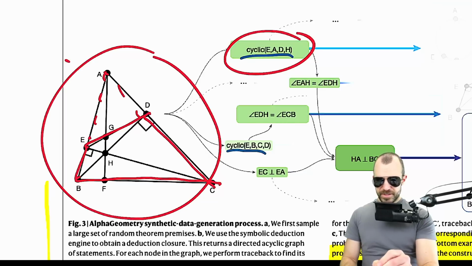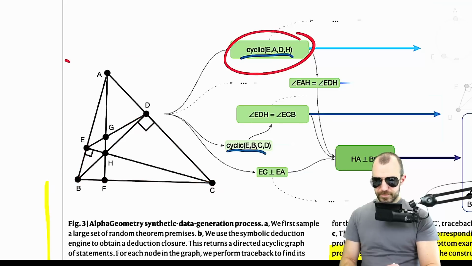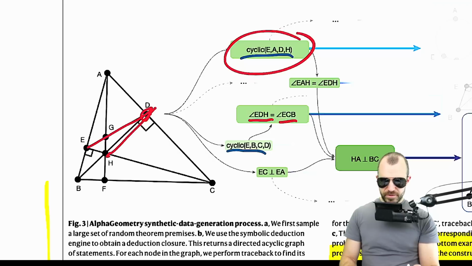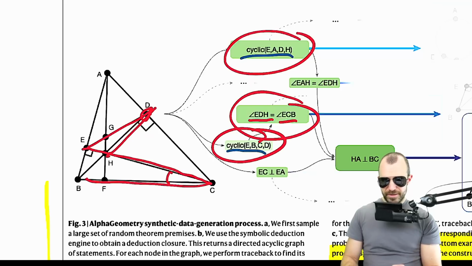Then you can also deduce that, for example, this angle is equal to this angle, so EDH, the angle at D between E and H, is equal to the angle C between E, so to this angle right here. You can deduce from this being cyclic that these angles must be equal, because these are similar triangles.